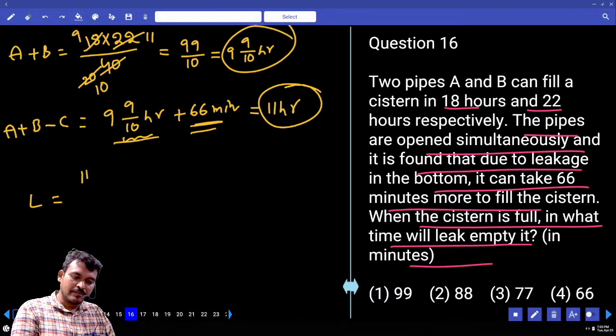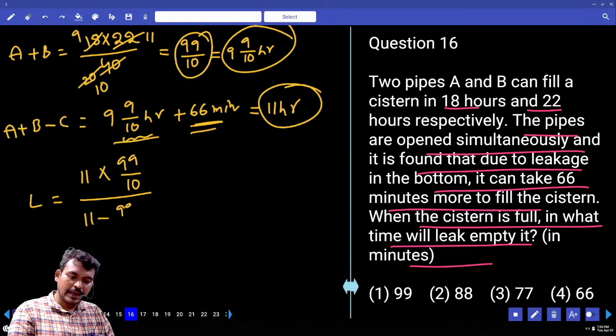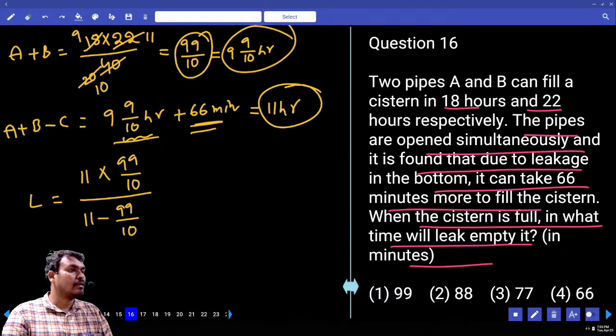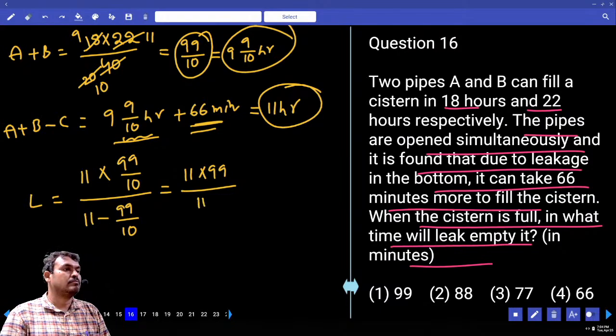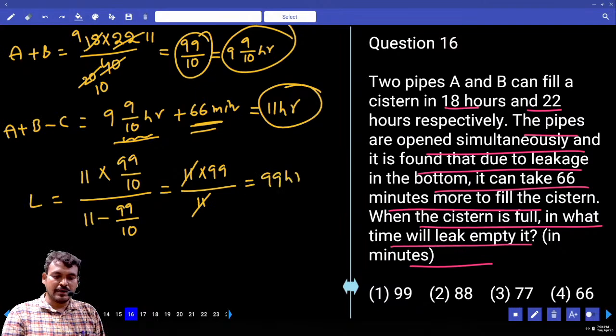One is 11, another one 99 by 10. 11 into 99 by 10, divided by 11 minus 99 by 10. Numerator we write 11 into 99. Denominator 11 into 10, 110 minus 99, which is 11. Denominator 10 cancels, 11 cancels. What is the answer? 99 hours.